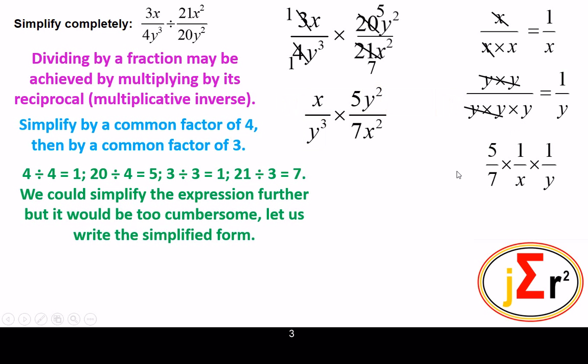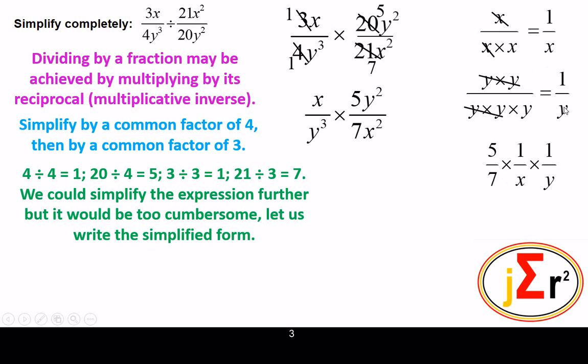There we go. If we take a look at the entire thing, the 5 and 7 will return, and the simplification by the common factor of x will result in 1 over x, and the simplification by the common factor of y will result in 1 over y.